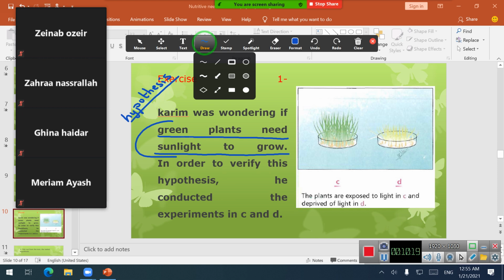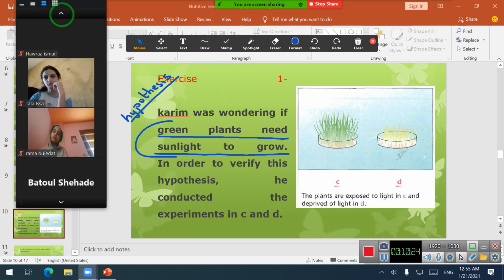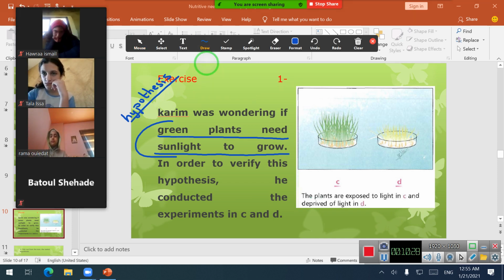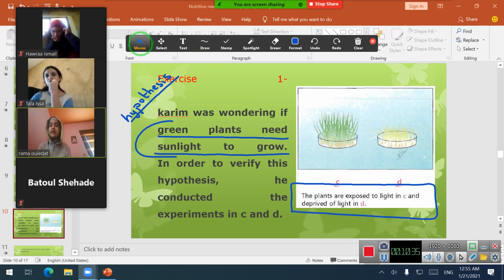Now, can Rama please read the following about the experiment? What is shown in document C and D? Please read the document. The plants are exposed to light in C and deprived of light in D. Thank you, Rama.